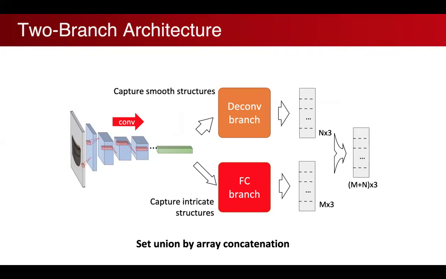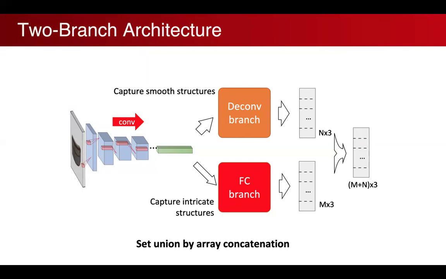The other one is going to be a fully connected branch that's going to get the tails and the high variance parts. So for the encoding, we have this convolutional neural network, and then the result is fed into a deconvolution branch to capture the smooth structure, and into a fully connected branch to capture the detail of the geometry.